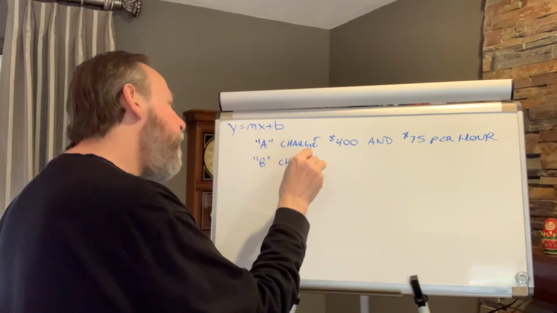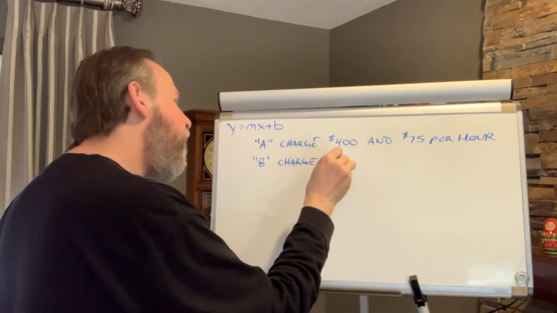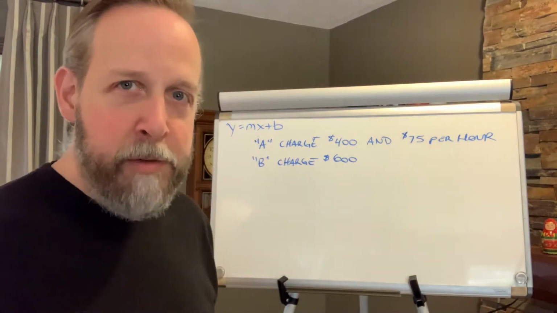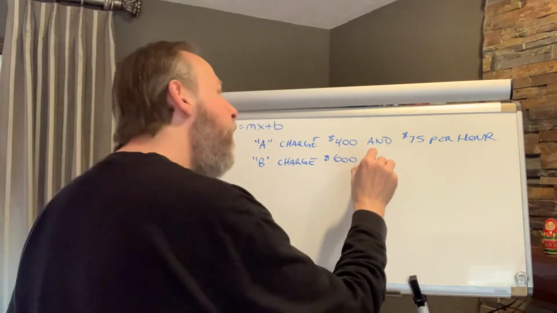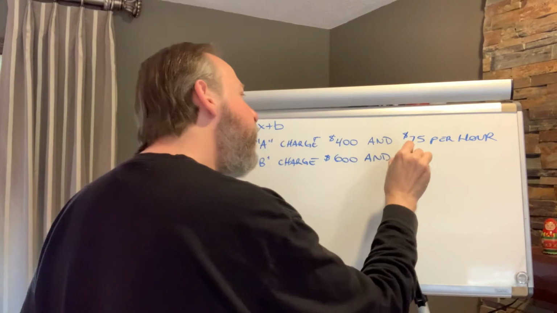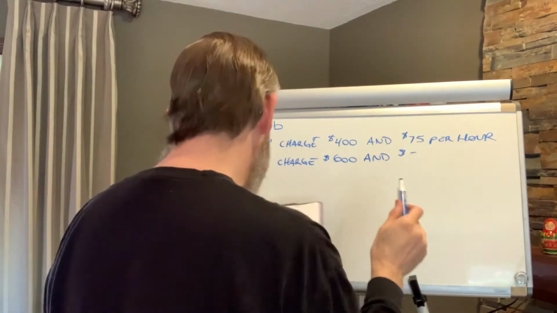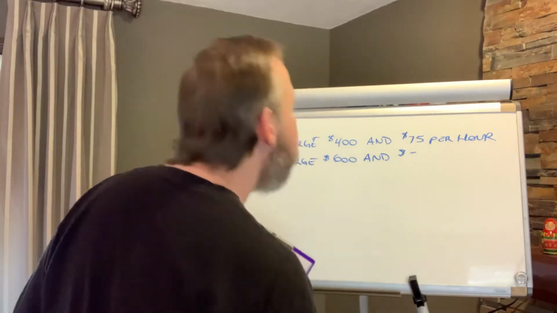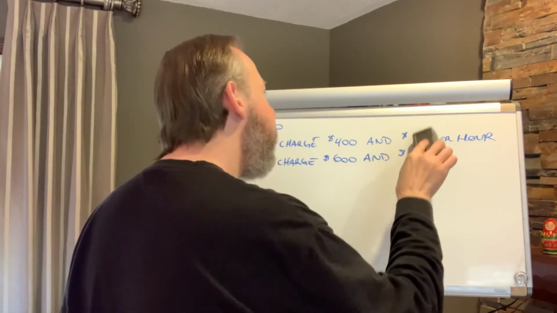So builder B, he's going to charge me $600. Obviously, I don't like builder B very much right now. And he's also going to charge an additional, oh, you know what? I actually changed my mind about the price tags when I was planning this. So builder A is going to charge me even more than 75.